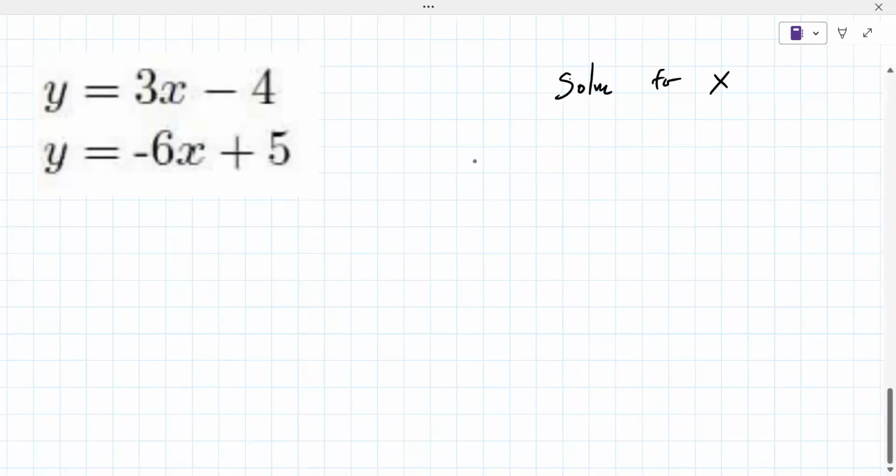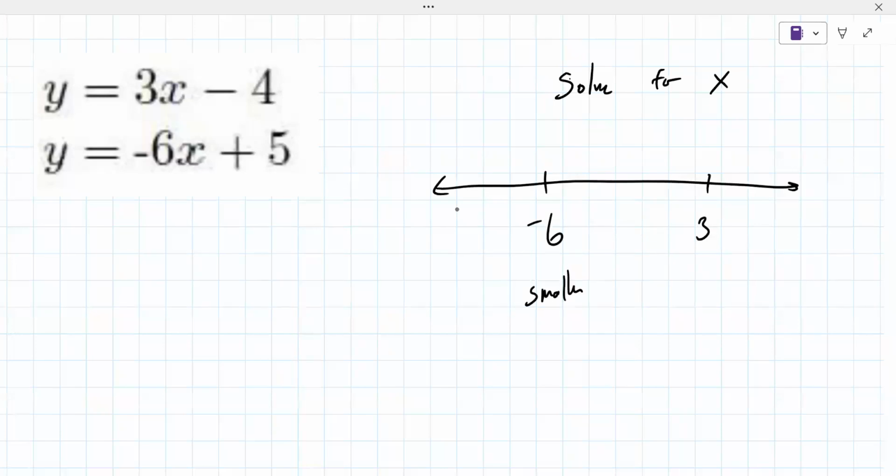Would -6x be the smaller number? You're gonna move that to the other side. Nope, it's -6x. The smaller number in this case means the one that's more to the left on the number line. Here's 3, here's -6. This is smaller, this is larger. So I would add 6 to 3.